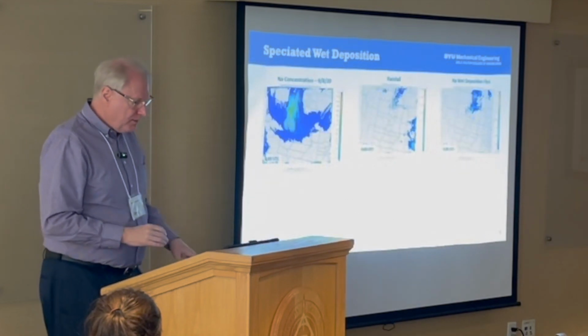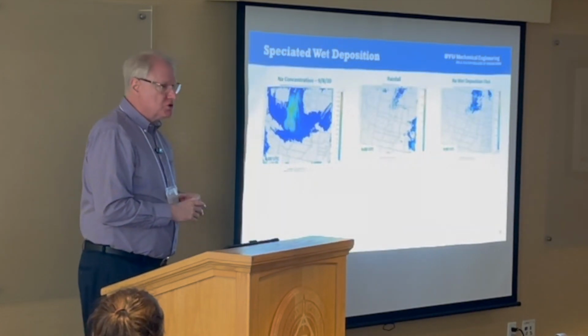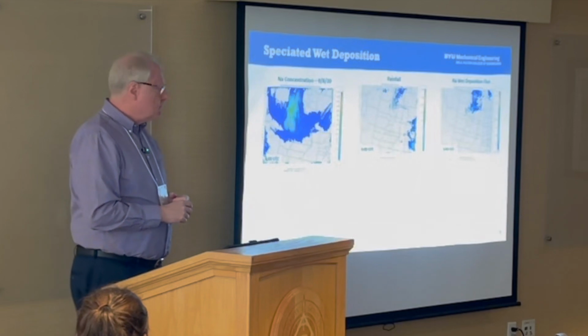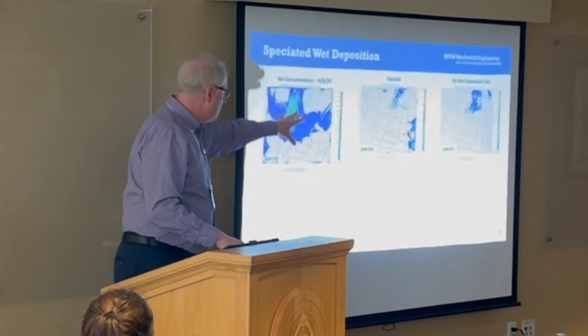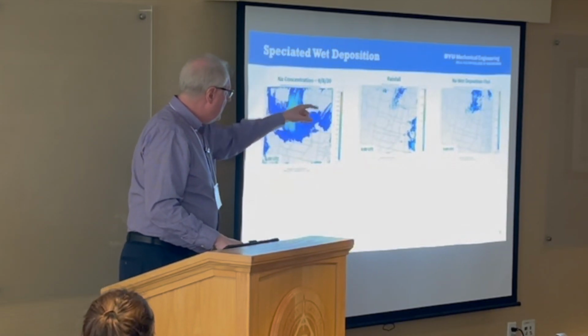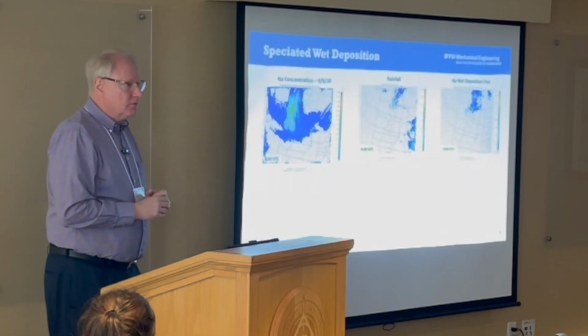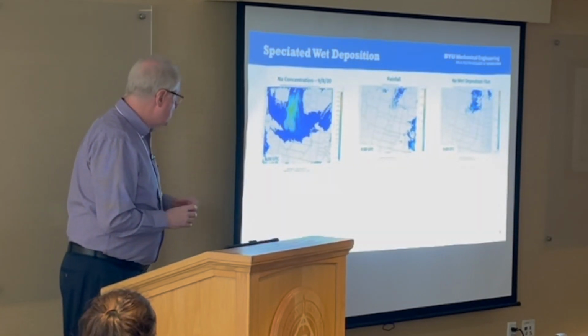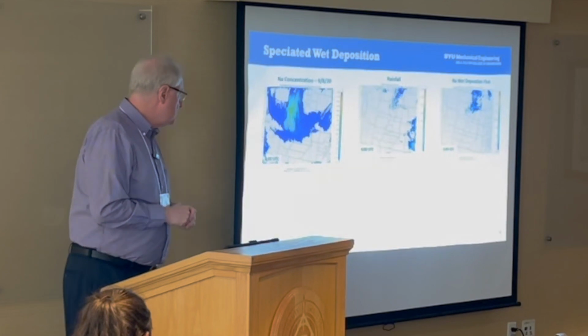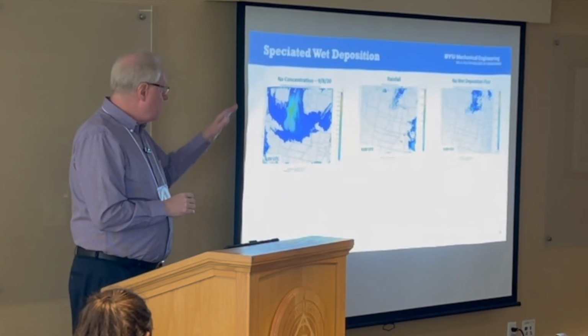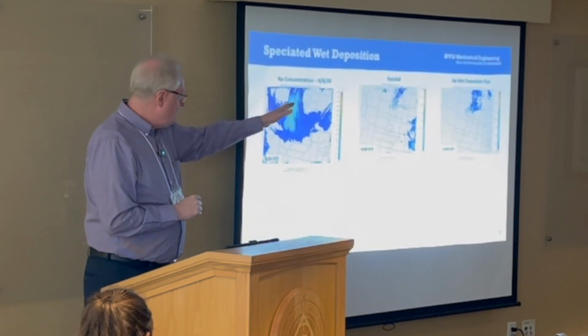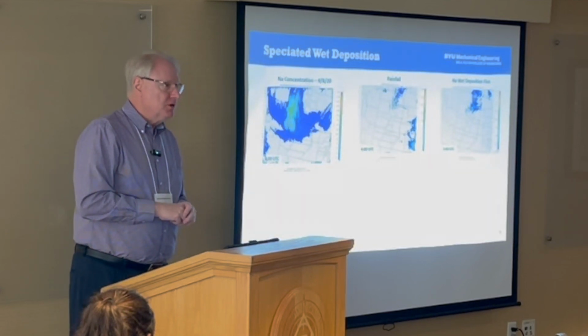Now I want to look at wet deposition, same picture. This is sodium concentration, the volumetric concentration of sodium out here in the western part of the state. Now I have rainfall going on. My snapshot is the same time, 6 UTC, and you can see where I've got some rain. That corresponds to where we're getting wet deposition of sodium.